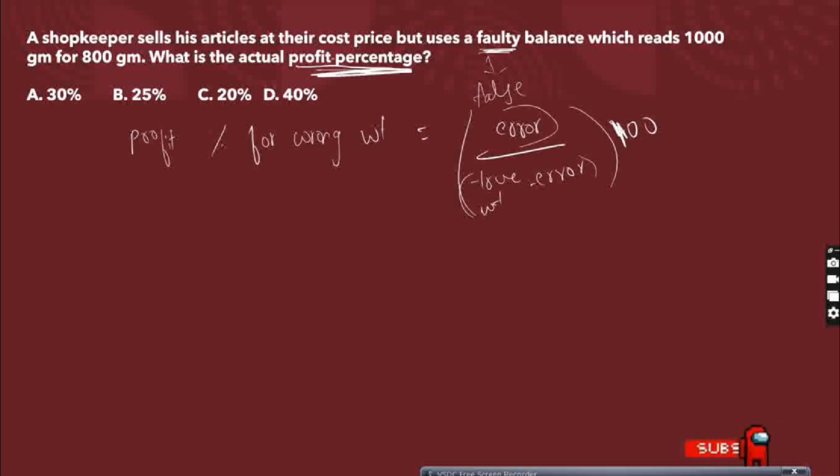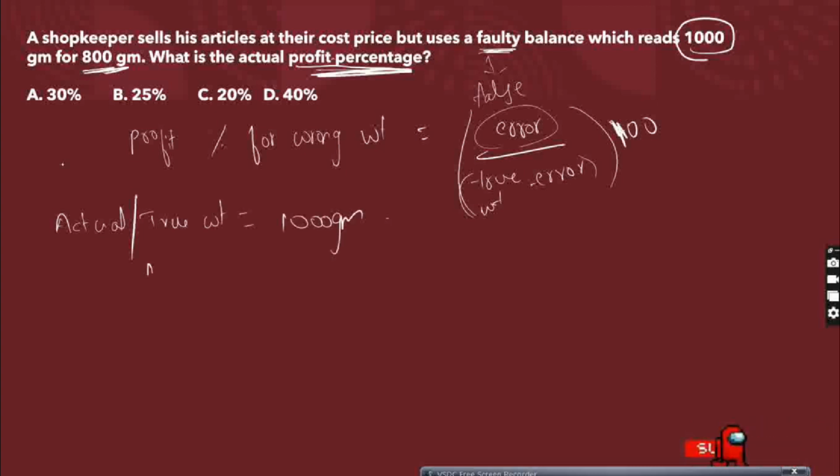Now here the error value is the actual weight minus the mistake weight, the false weight. 1000 is the actual weight, which is also called the true weight, right? Given that the true weight is 1000 grams and the false weight is 800 grams. From this, the error will be true weight minus false weight. 1000 minus 800 will give you 200 grams.